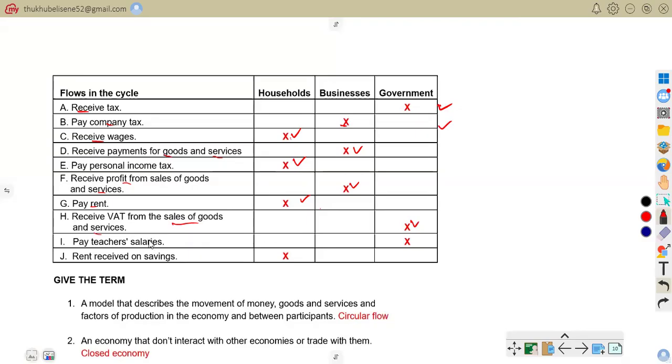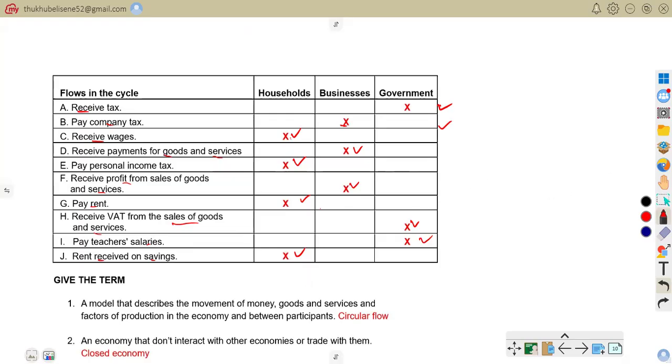Now pay teachers' salaries. Who pays the teachers' salaries? That is government. Government pays public workers. Rent received on savings, that is households. So households earn interest on their savings.